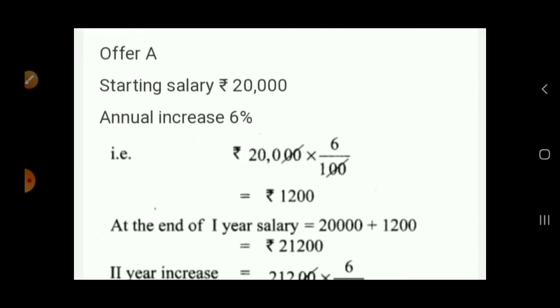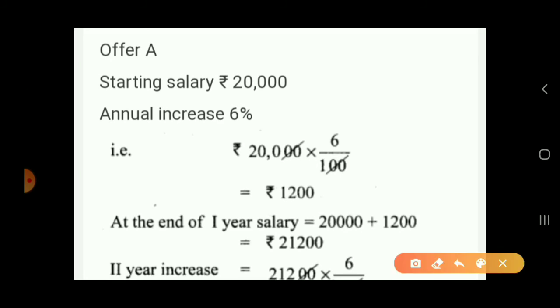Offer A: starting salary 20,000, annual increase 6%. So 20,000 into 6 by 100 is 1,200. So 20,000 plus 1,200 is 21,200, the salary at the end of the first year.